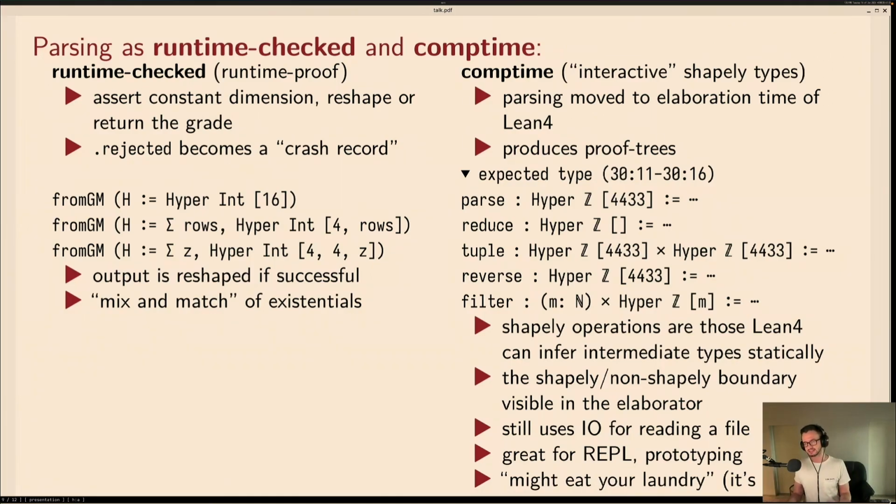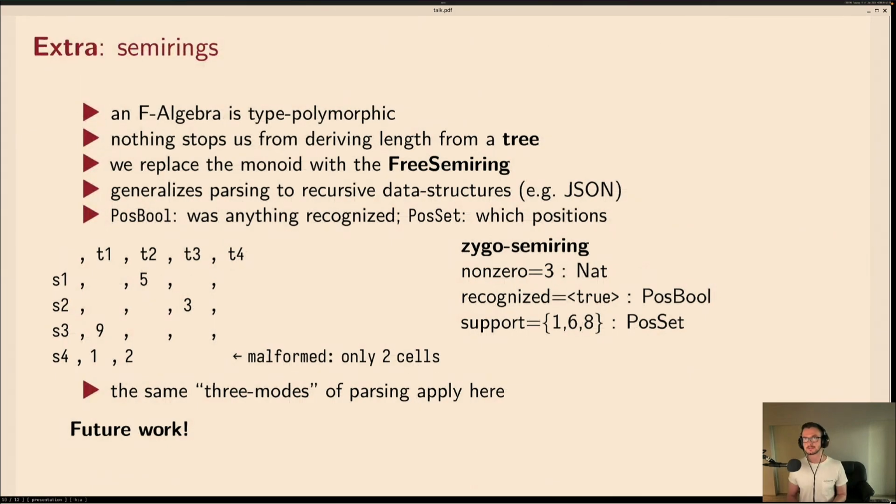Of course, that implies that your input has to be realized before you run your program. But this is nice for repls and prototyping. I would still consider this a bit of a hack in the sense that it works, but probably I wouldn't feed it a 1 terabyte sized file.